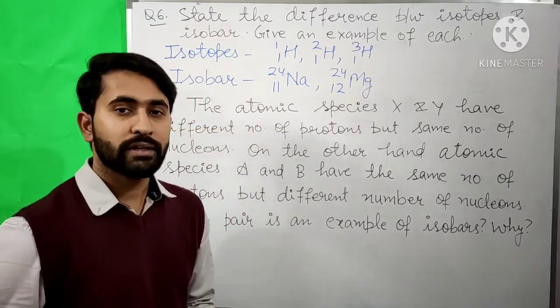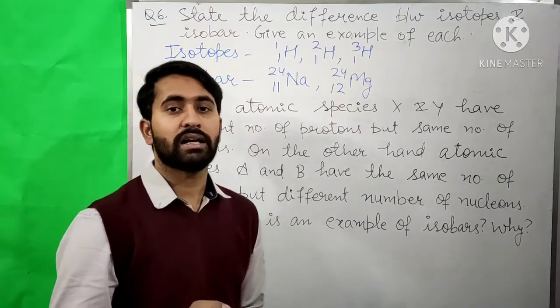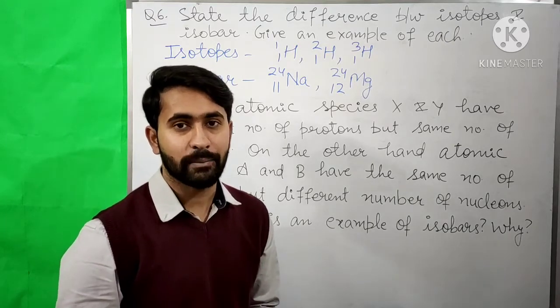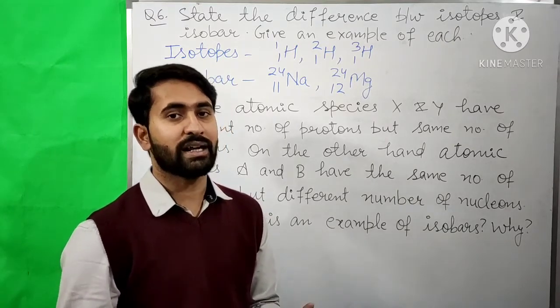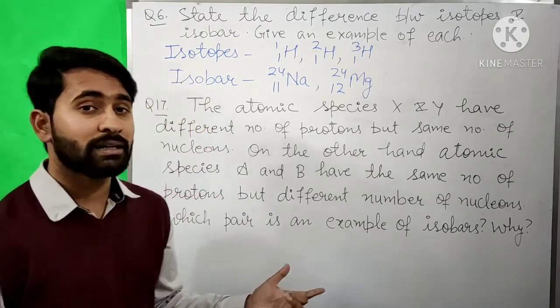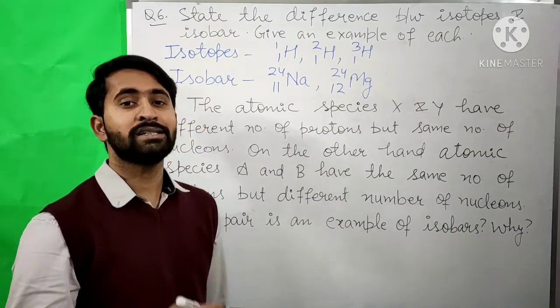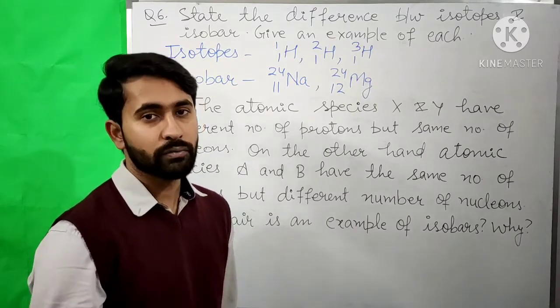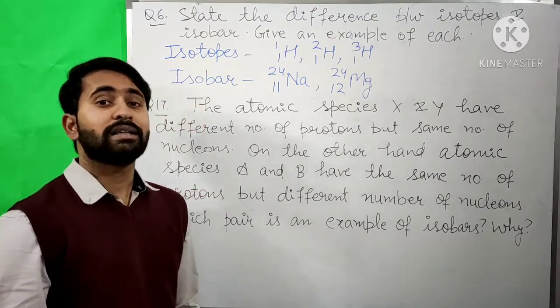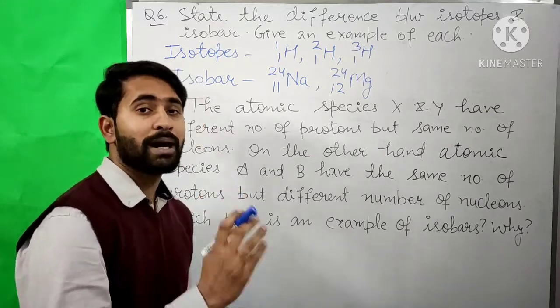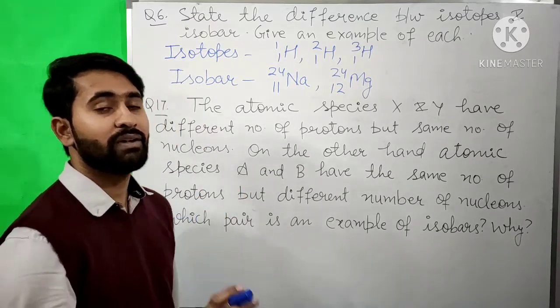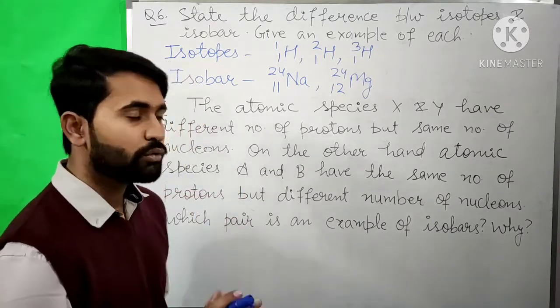Why? We know that isobars are the atoms of different elements which are having different atomic number. Now atomic number is equal to the number of protons. It means they are having different number of protons, but they are having same mass number, or we can say they are having same number of nucleons.